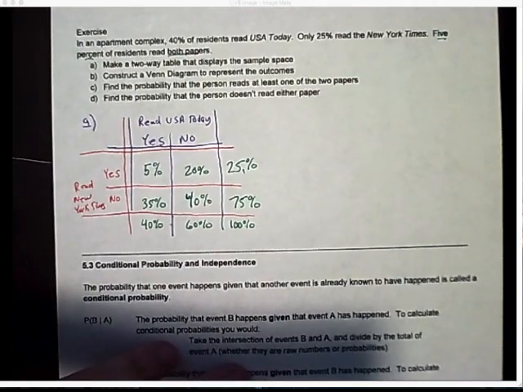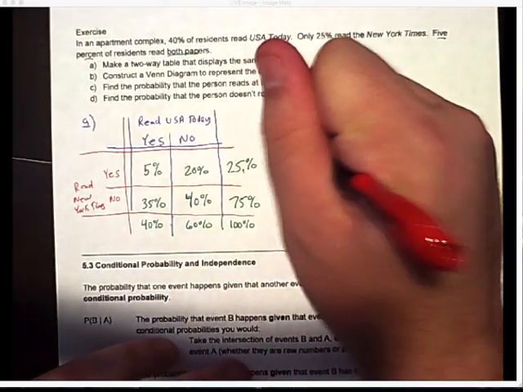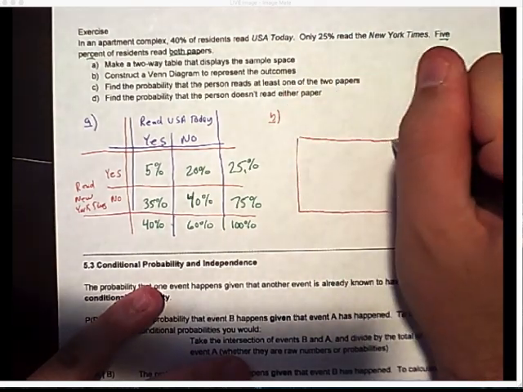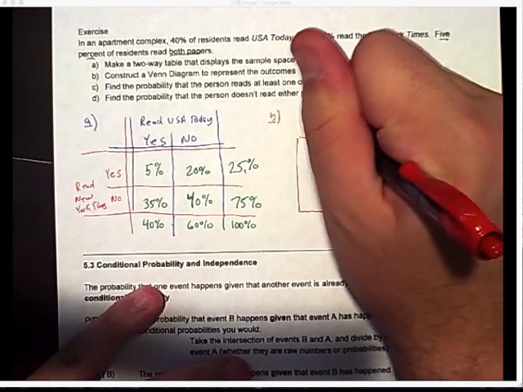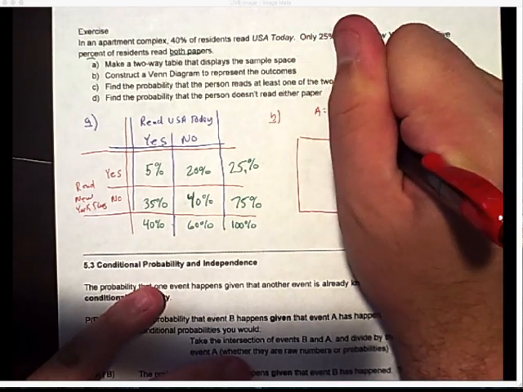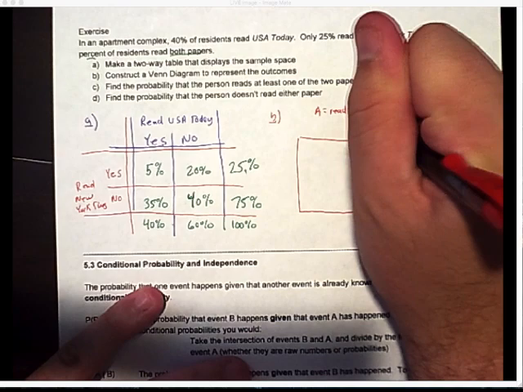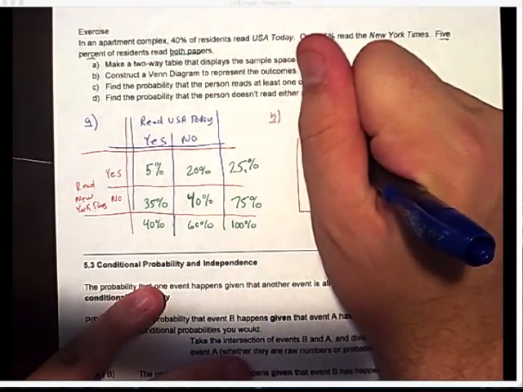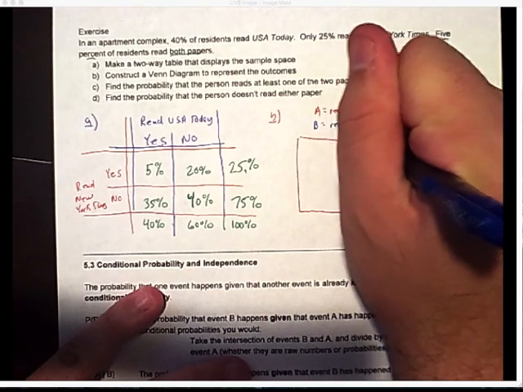So we can make a Venn diagram to convey the same information. All right, so I'm going to let A equal read New York Times. I'm going to let B be read USA Today.